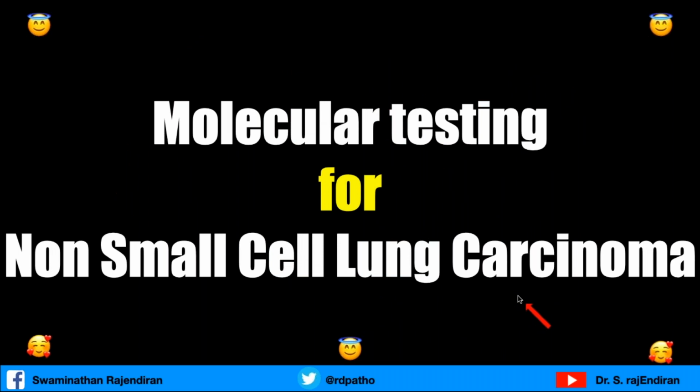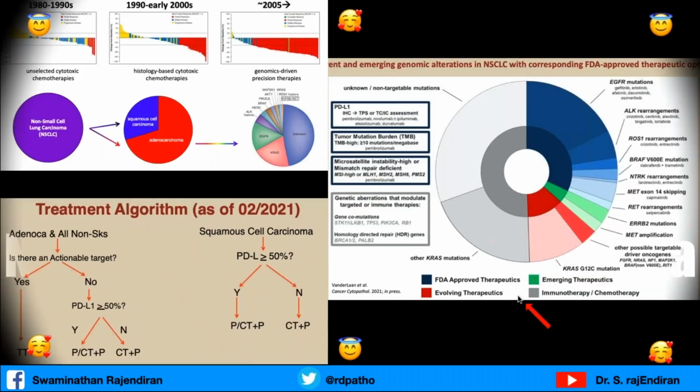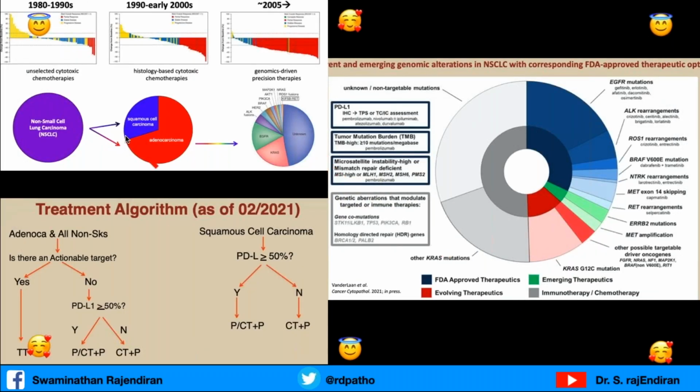Final 5 minutes for molecular testing for non-small cell lung carcinoma. Previously, it was non-small cell and then adenocarcinoma and squamous cell carcinoma. Now we have this many types of mutational changes in adenocarcinoma. So what is the treatment algorithm? Adenocarcinomas are all non-smokers. Look for actionable targets. What are the possibilities?